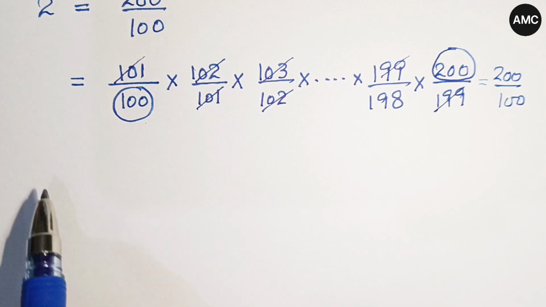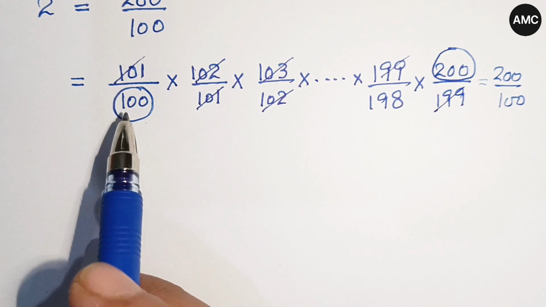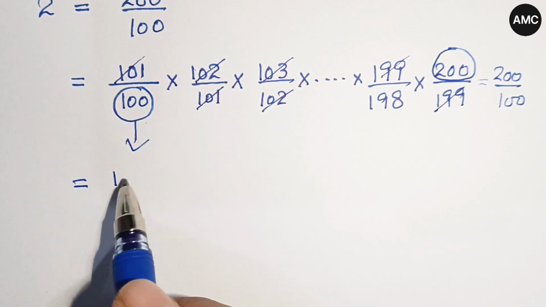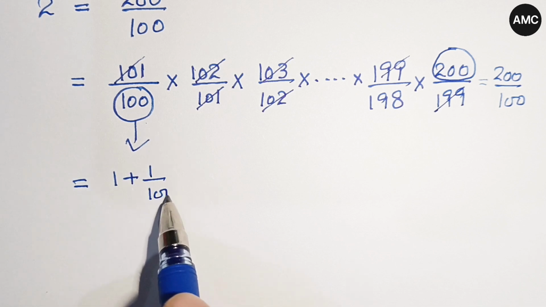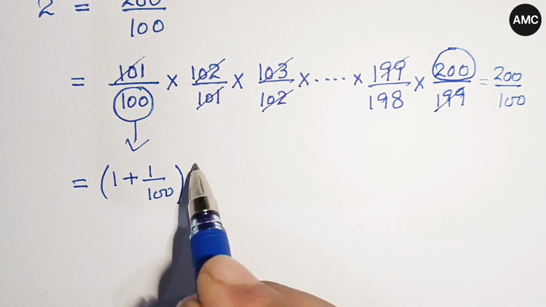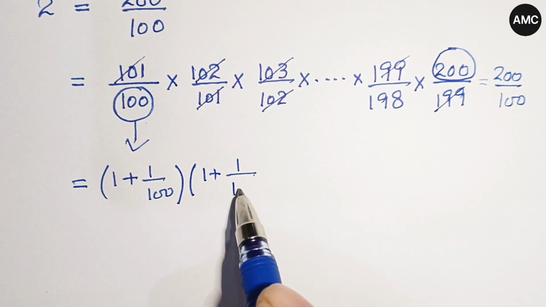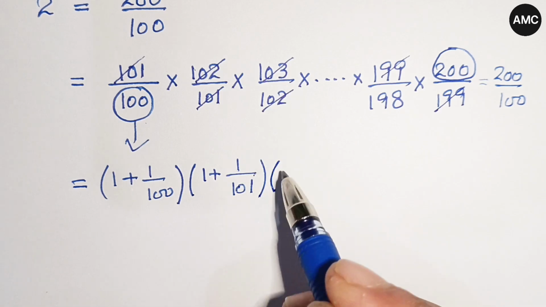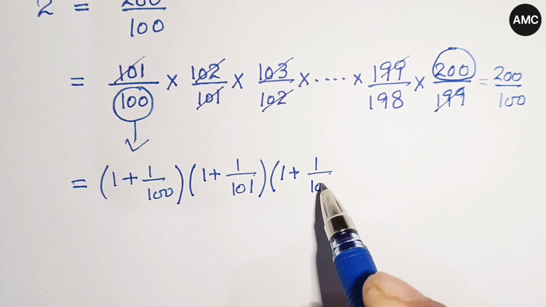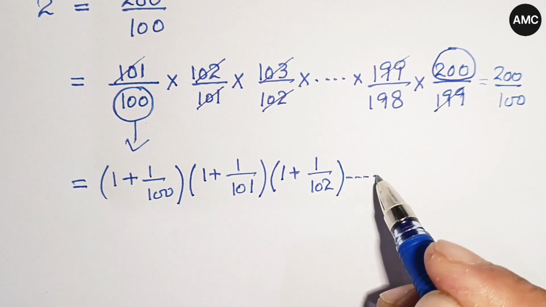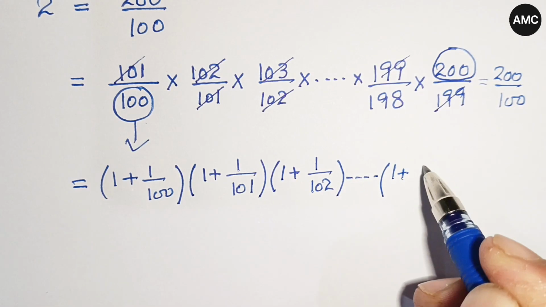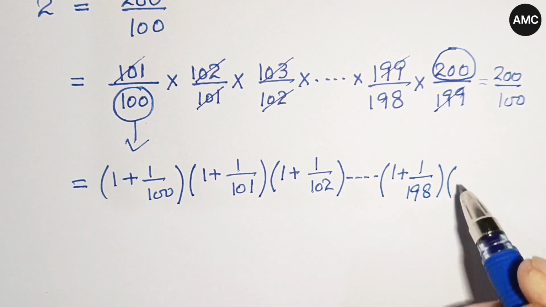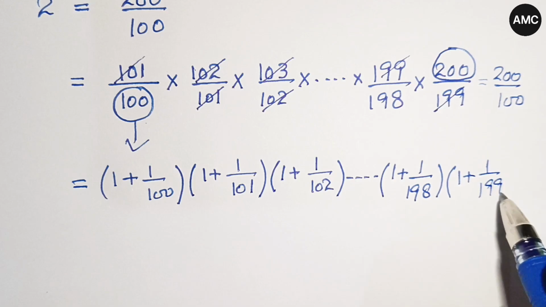Now this 101 divided by 100 can also be written as 1 plus 1 over 100. Then 102 over 101 is 1 plus 1 over 101, similarly 1 plus 1 over 102, and so on, up to 1 plus 1 over 198 and 1 plus 1 over 199.